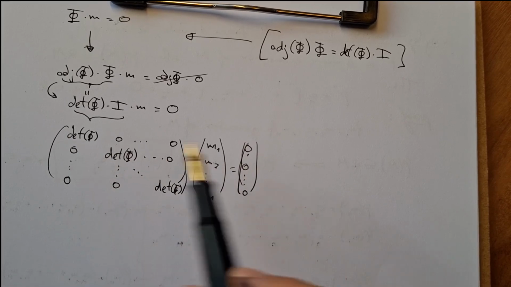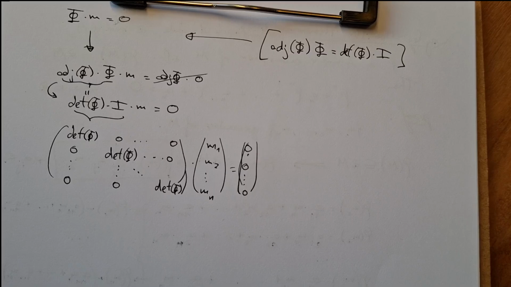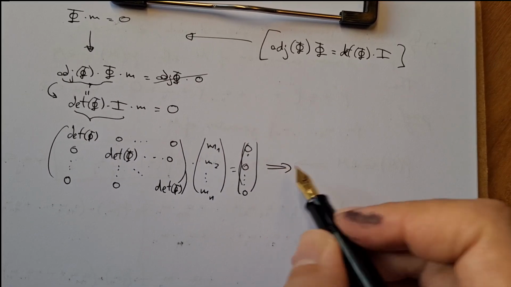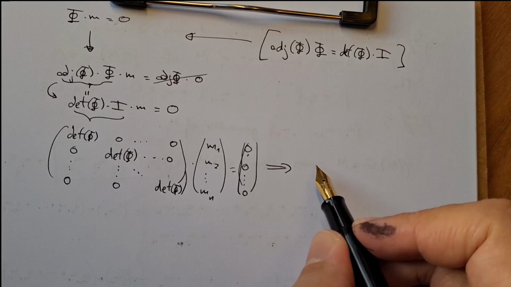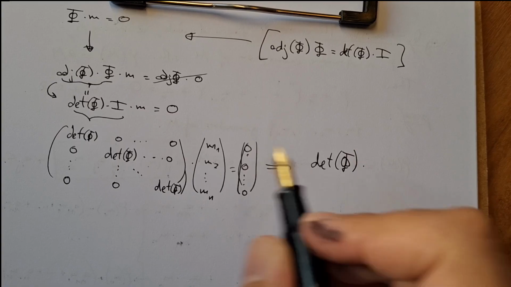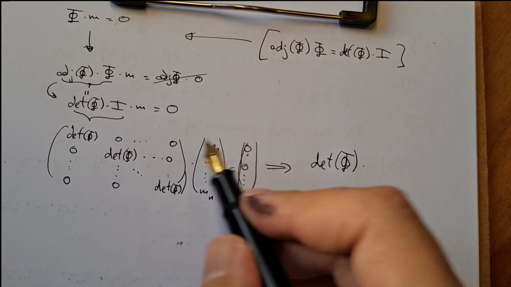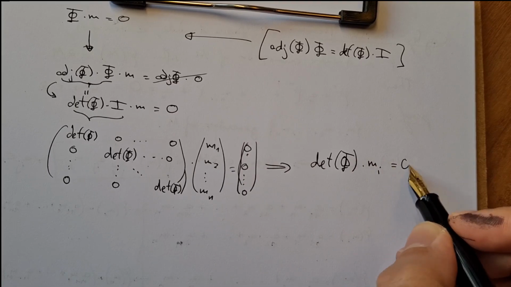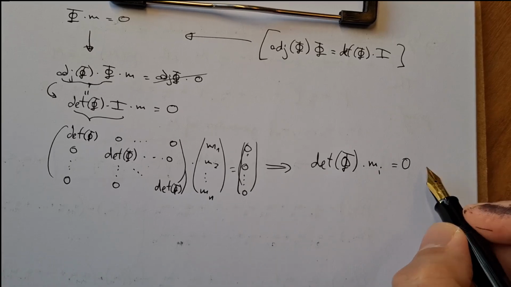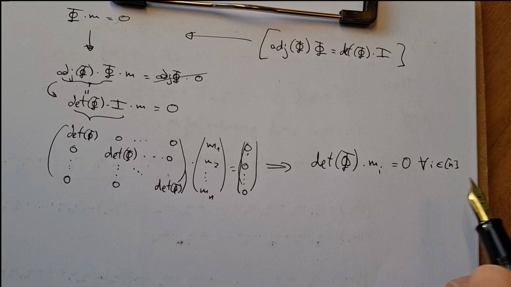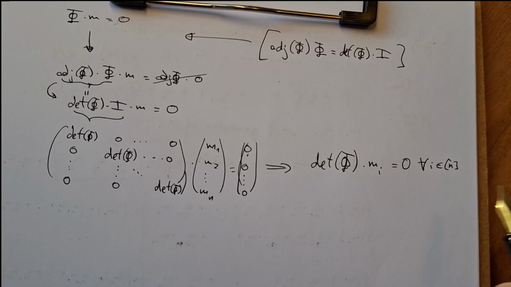So if you apply this operation, at each step of this multiplication, you can just say that you have the determinant of the matrix psi multiplied by, at each step, a different m sub i, and this equals 0. And this goes for all i from 1 to n.